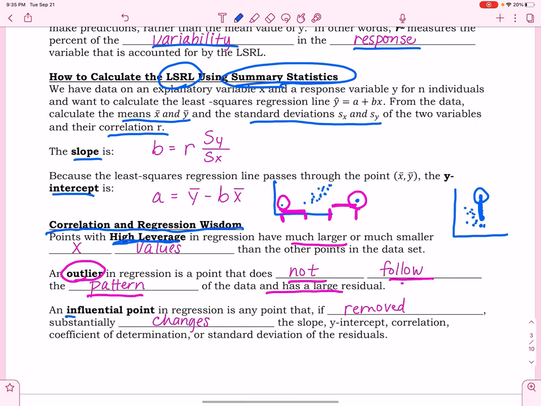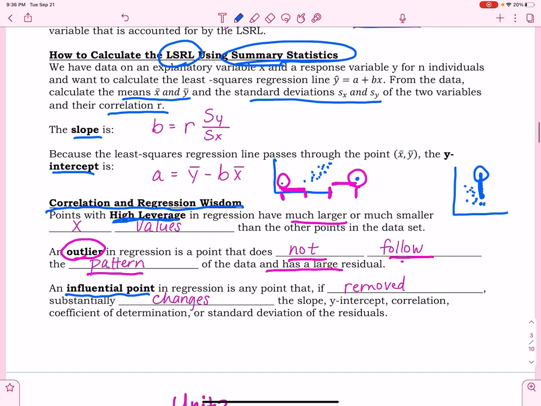Okay, now we need to talk about an influential point. This point, if when you take it away substantially changes the slope, y-intercept, correlation, etc., is considered influential. Now, depending on where your point is, it can be more influential or less influential depending on how it aligns or does not align with the rest of your data. So an example might be something like this. Let's say I've got some data here and I've got a point over here, okay?